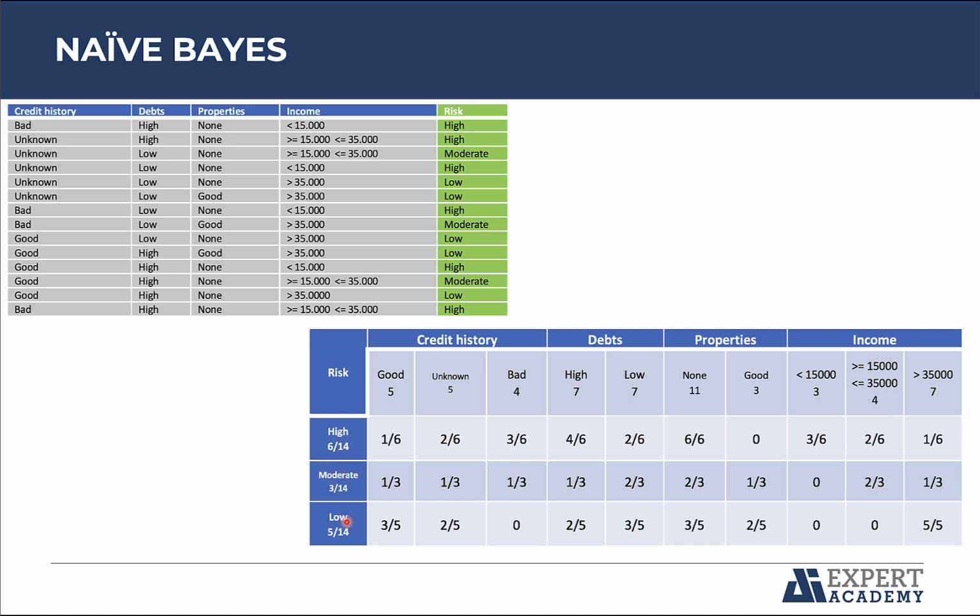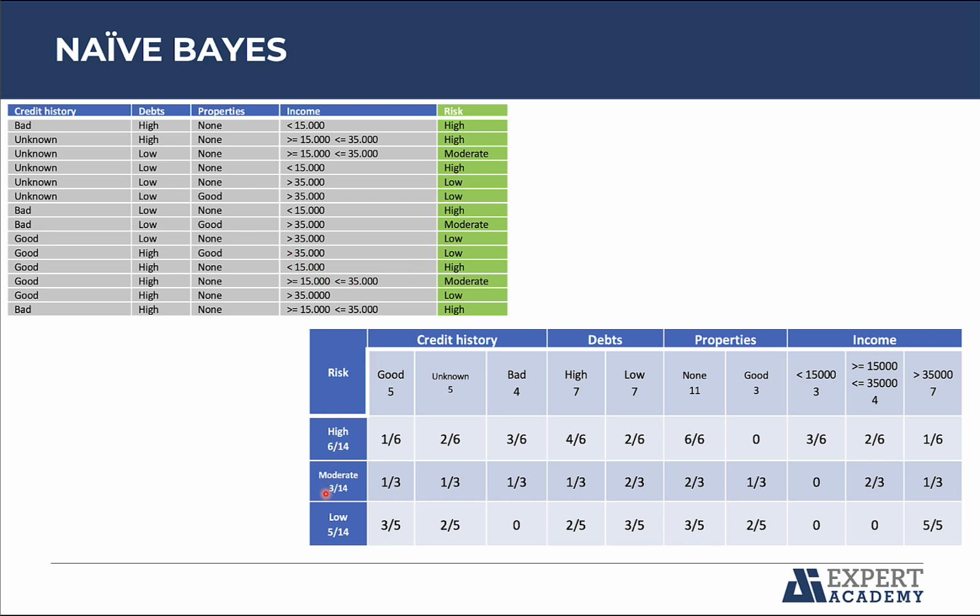High, moderate, and low. 6 divided by 14 means that there are 6 people with high risk in the data set. We can count here 1, 2, 3, 4, 5, 6. 14 means the total number of rows in the data set.